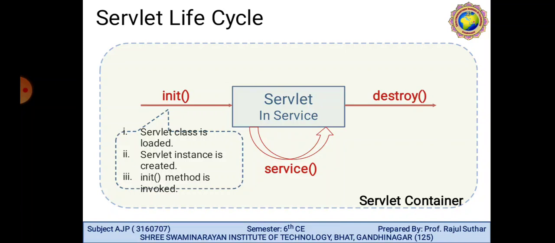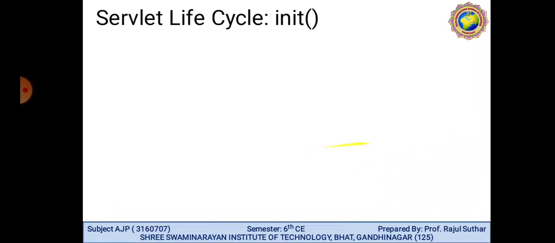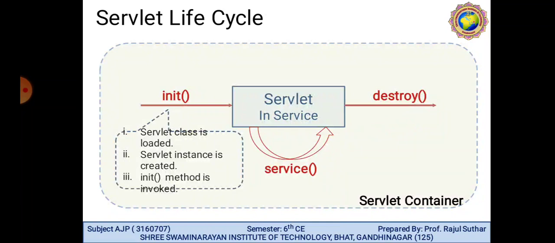Then after initialization of the Servlet, service is performed. It works with a lightweight process, and after completion of the process, the life cycle of the Servlet is completed by the Servlet destroy method. So this whole thing is called the Servlet container.